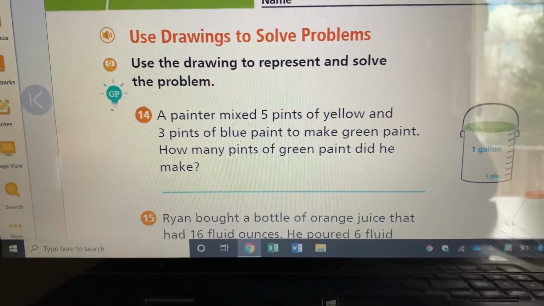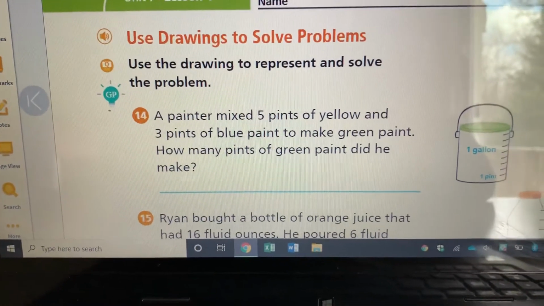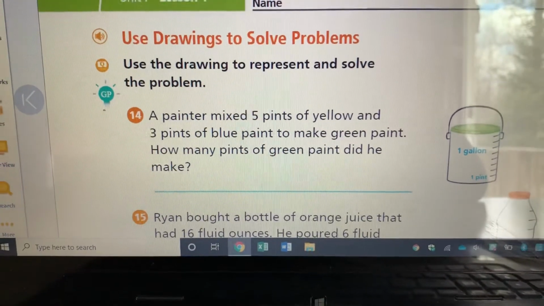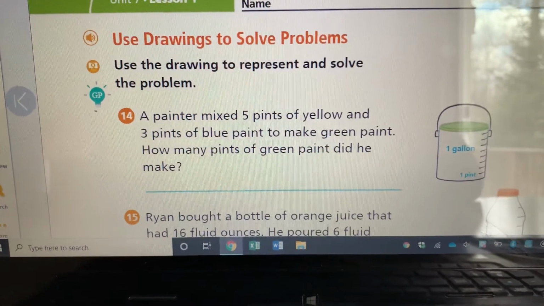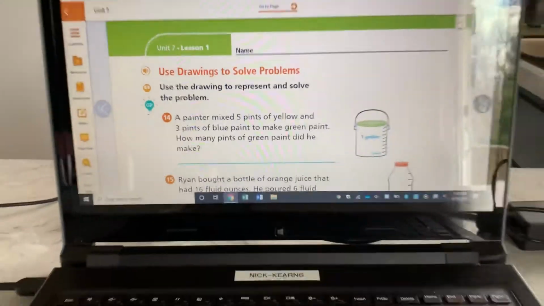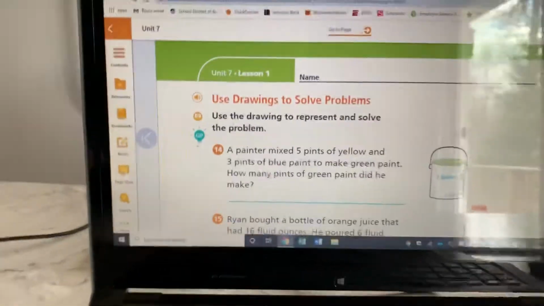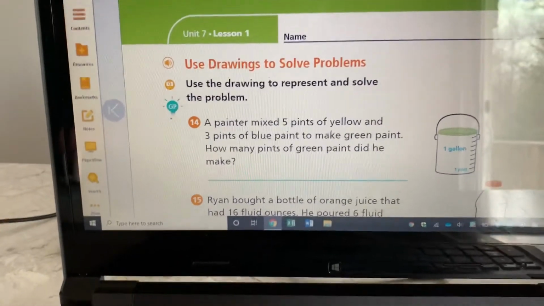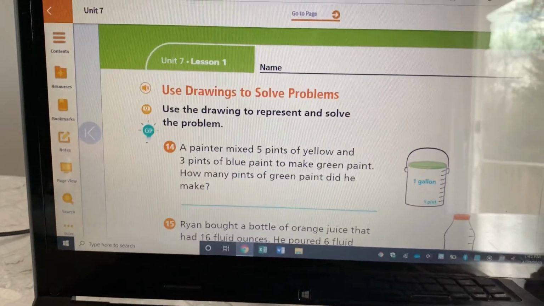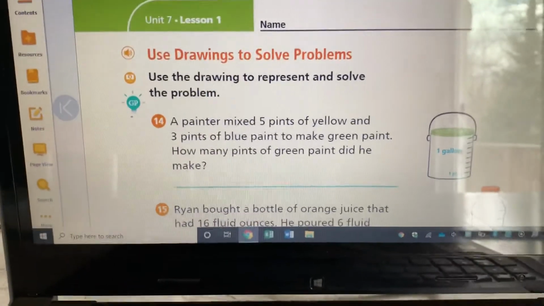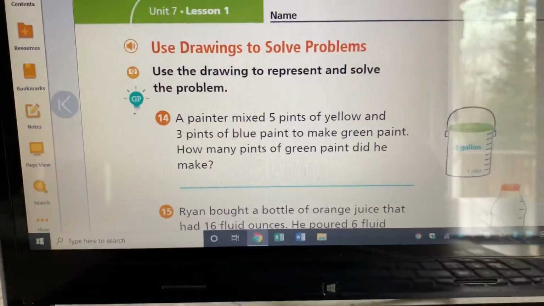And how many pints of green did he make? Well, we're not multiplying the pints. We're just adding them together here. So this is real basic for you guys in 3rd grade. The hard part of this one is to know what a pint is and to be able to close read it. So I know you guys can add 5 plus 3 quickly in your head. Start with the bigger number, 5 usually, and just count on 3. You might just have that one memorized too.